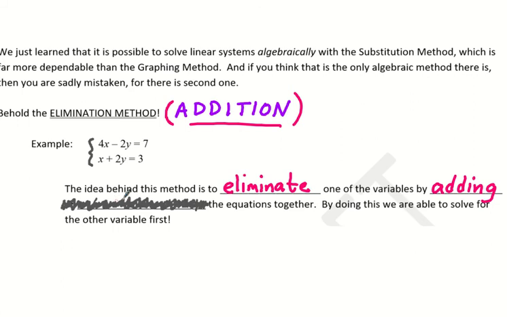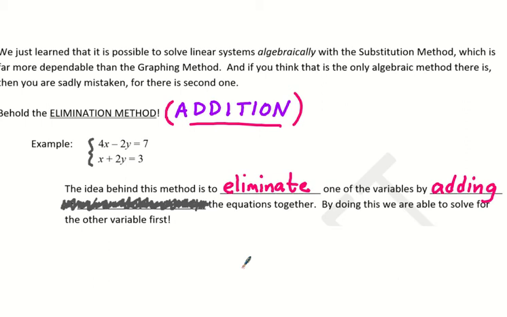Now, what could go here, which I've scribbled out, is adding or subtracting. So think about it. If I wanted you to add two equations together, how would you even do that, first of all? If you're totally new to this concept, that's what we're going to want to do: actually add two equations together.